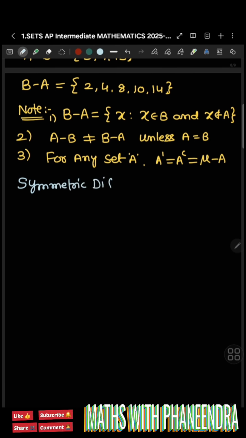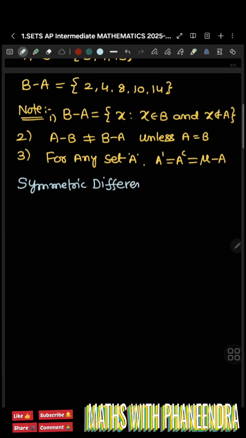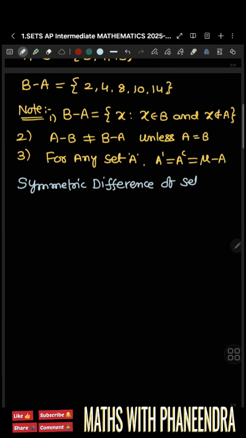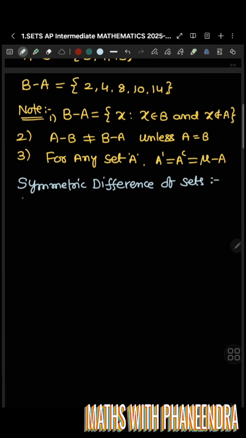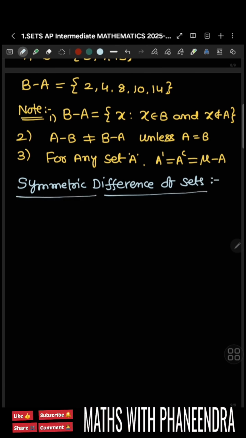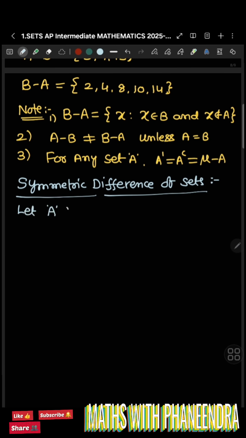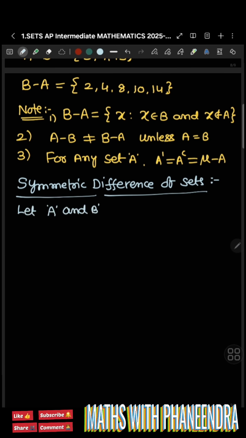Symmetric difference of sets. Let A and B be two sets.